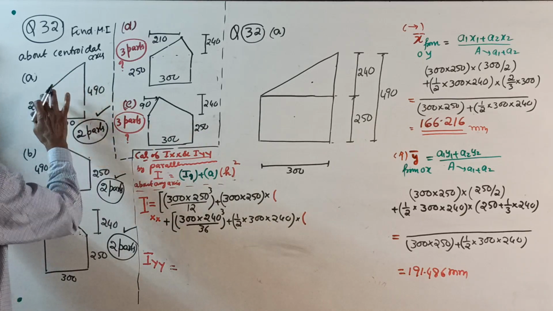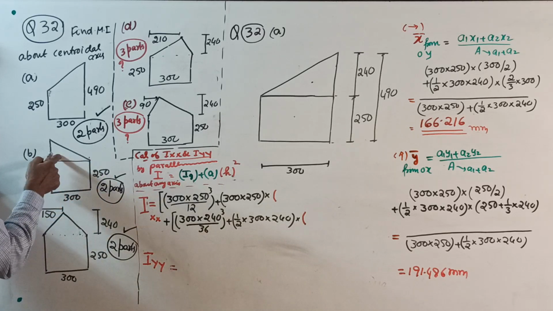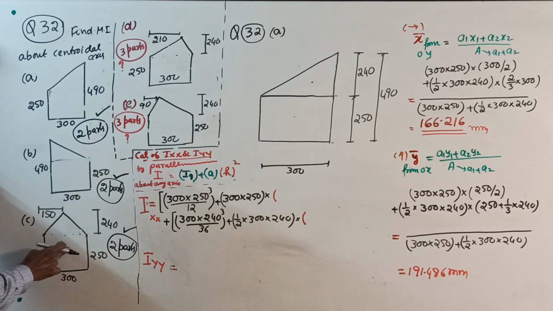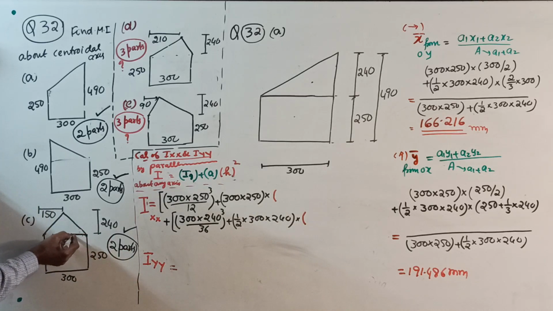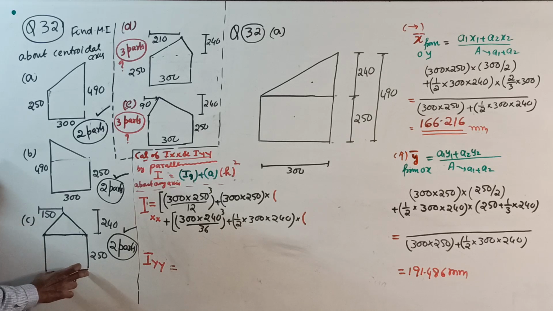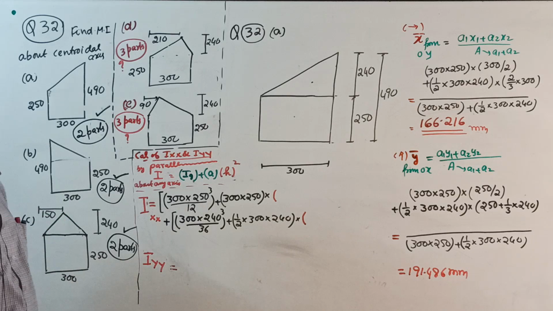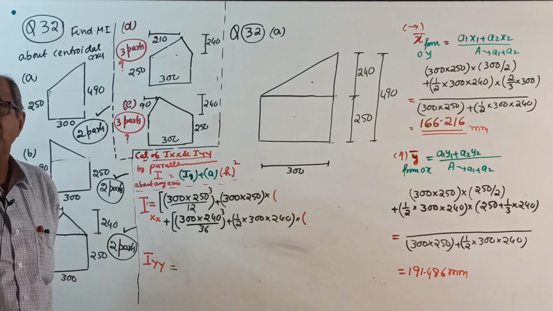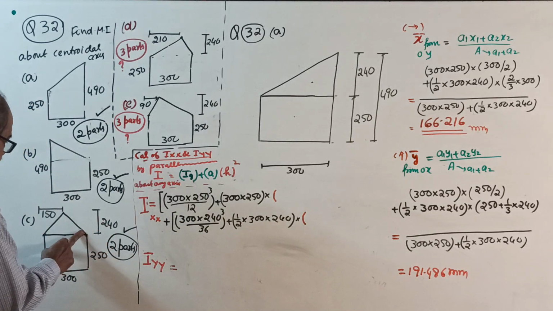Again divide into 2 parts: rectangle and triangle, very easy, no confusion. Here, divide again into 2 parts, rectangle and a triangle with 300 and 150. So this is an isosceles triangle, and for an isosceles triangle we have the expression for moment of inertia about both centroidal axes. Therefore, no problem.